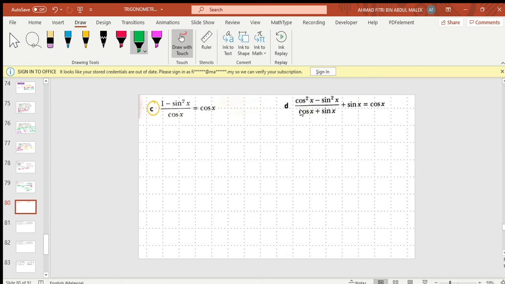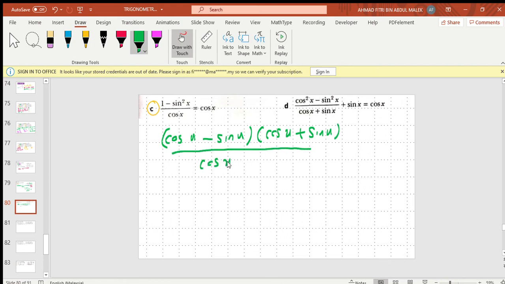It's actually a simple question, but when you do not notice it, it becomes harder. So cos square x minus sine square x is cos x minus sine x, cos x plus sine x, over cos x plus sine x.